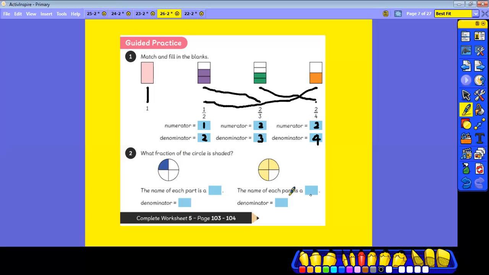Name each part, and then what is the denominator? What number will the denominator be for each of those pictures? It's not asking you to write out the whole fraction, is it? It's asking you what fraction of the circle is shaded.